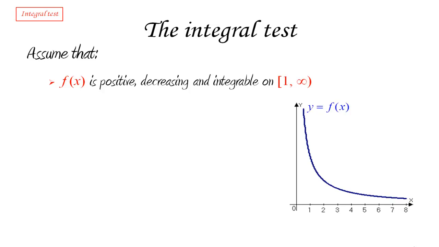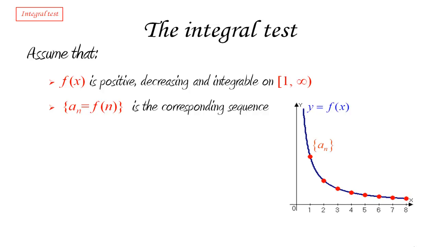From this function, we can construct the corresponding sequence. We figure out what the values of this function are at n equal 1, 2, 3, 4, etc. And that allows us to construct a sequence. And of course, we're going to look now at the series that is obtained from this sequence.